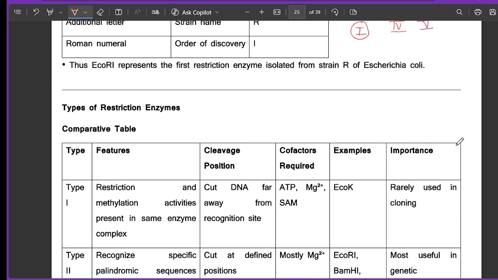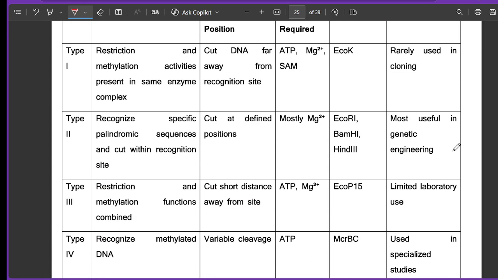Now let us try to learn the types of restriction enzymes. As I told you, there are 4 to 5 kinds of restriction enzymes. So we need to know about them in detail. Let's first talk about the type 1 restriction enzymes. Now, as you study, you'll come to know that there is another function of the restriction enzymes also.